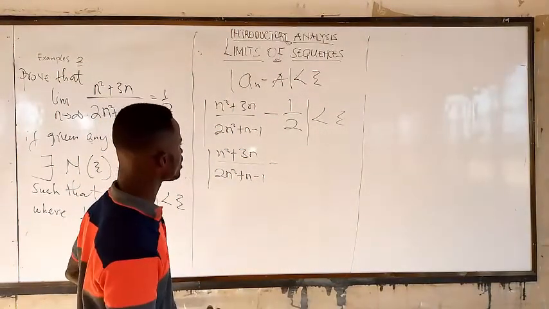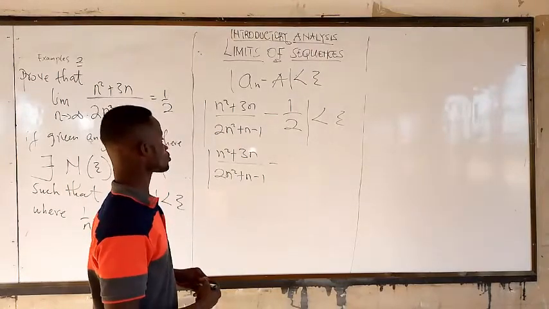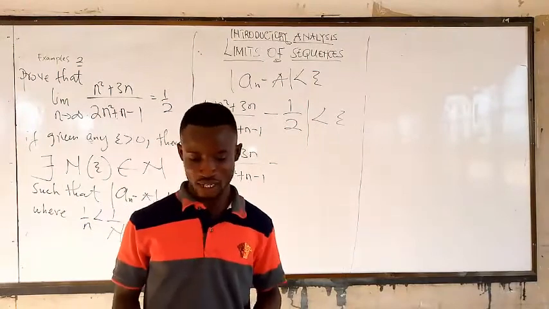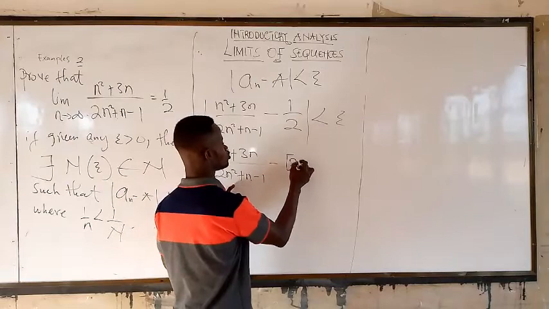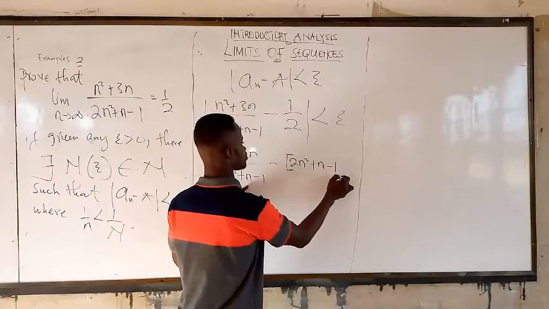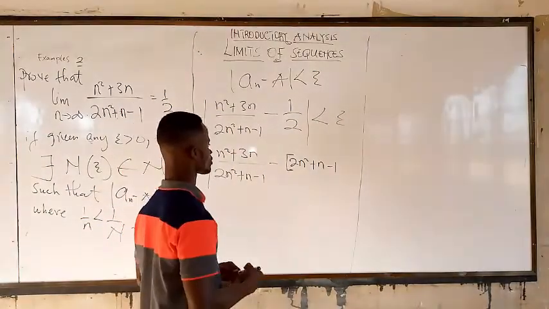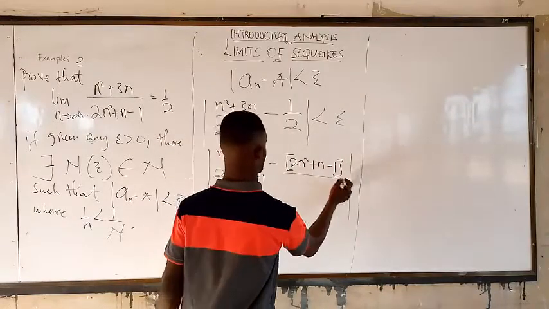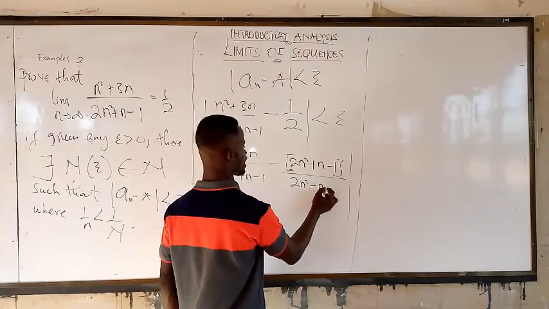Alright, so here what we are going to do is just simple. Let's repeat the same thing like what we did in the first part. 2n squared plus n minus 1. Alright, very good. 2n squared plus n minus 1.